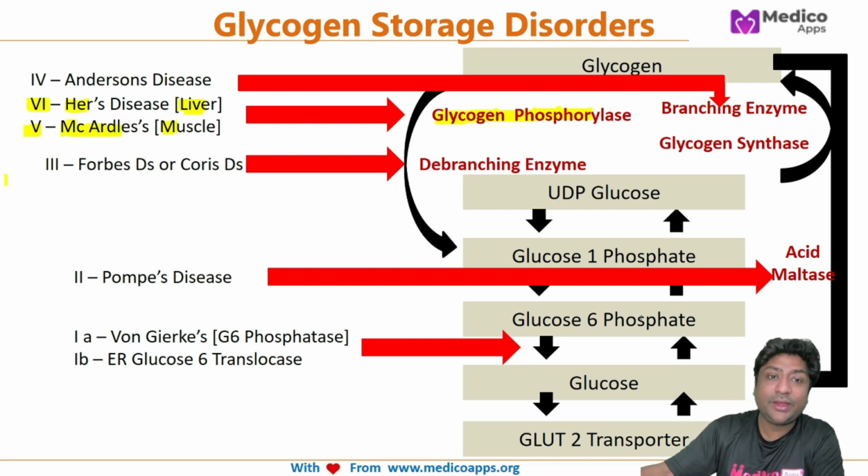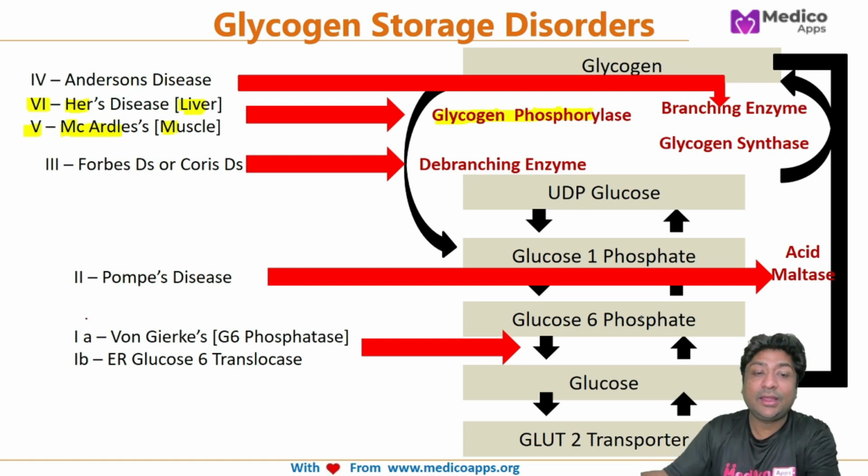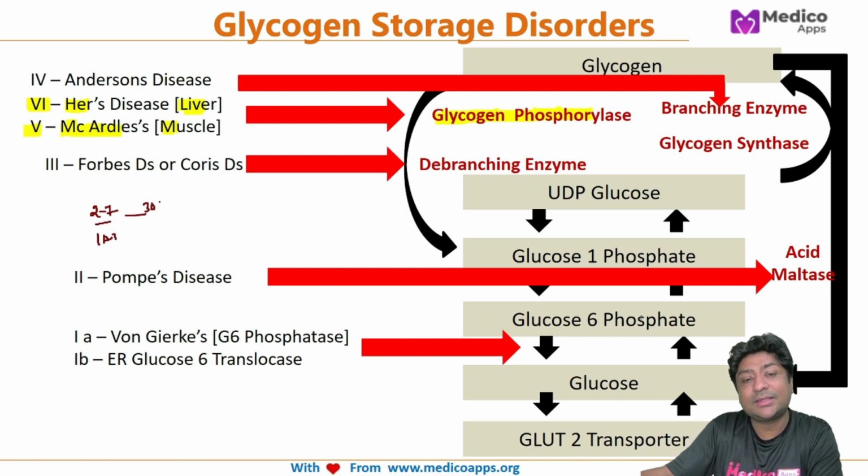Here it is very important to understand that when you talk about muscle contraction, the first 2 to 7 seconds will be powered by ATP. Then up to 30 seconds, this ATP is recharged, because it is converted by creatine phosphate. This creatine phosphate will recharge the ATP until 30 seconds.